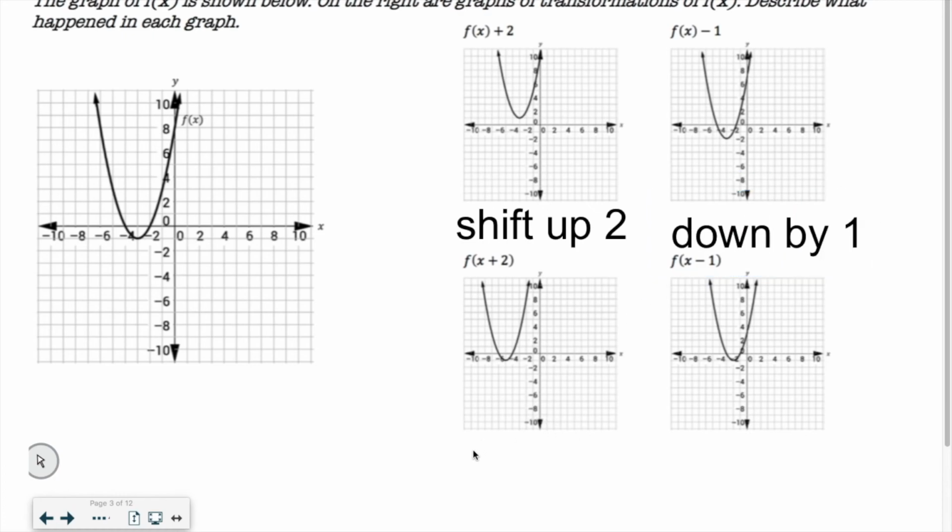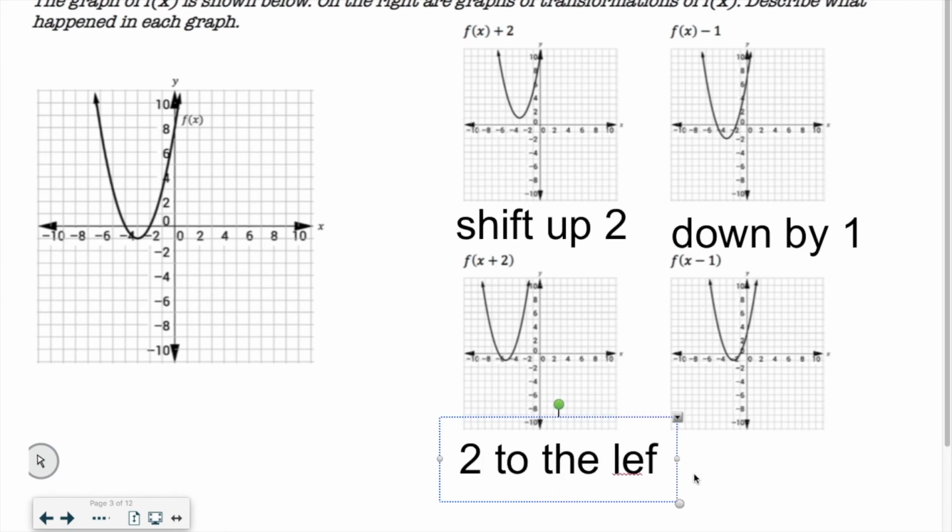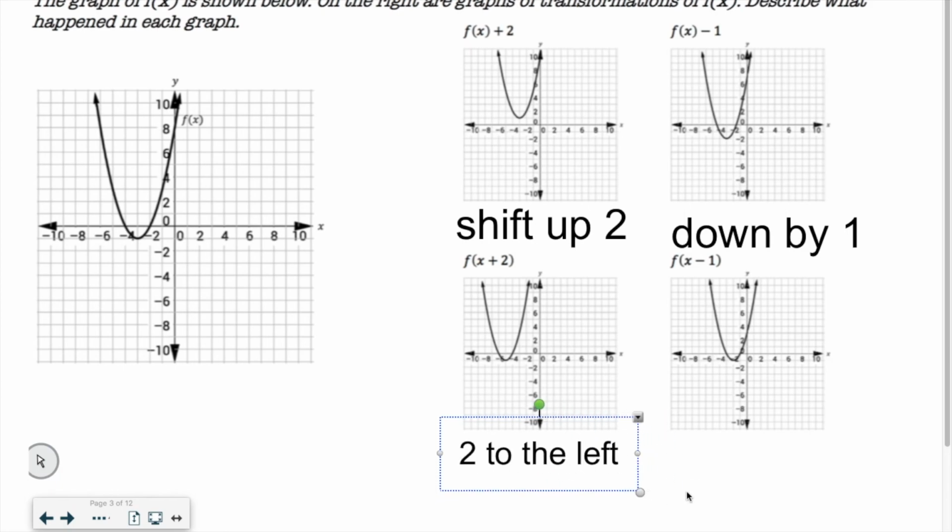For underneath this graph, inside it's adding 2, so adding goes with left, so they went left by 2, or 2 to the left, we'll say. And this one is minus 1. The subtraction goes with right, so we can go 1 to the right.